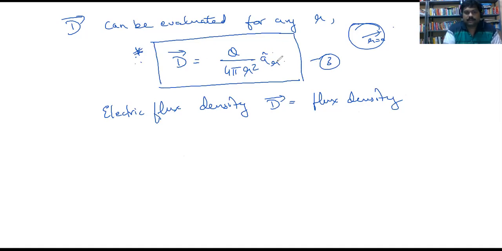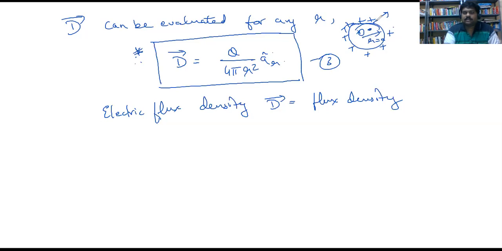This is evaluated at any value of R. Now, of course, we have to implicitly understand that the flux starts from wherever the charge is present. So if we evaluate D somewhere inside the sphere, there are no lines of force inside the sphere, correct? So here the flux density is zero. There is no meaning of flux density within a sphere.